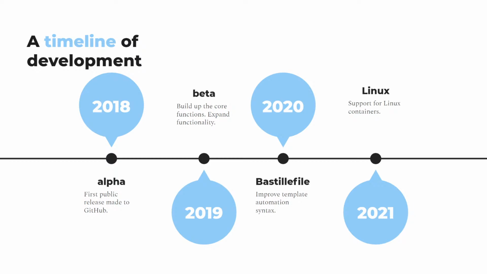We went through an alpha stage, and then we're still in a beta stage now, but we spent most of 2019, I think, building up a lot of the core functionality and expanding the support for the things that Bastille could do, leveraging features on the FreeBSD platform. 2020, I think, was a lot more with some of the automation and the Bastille file configuration management kind of syntax.